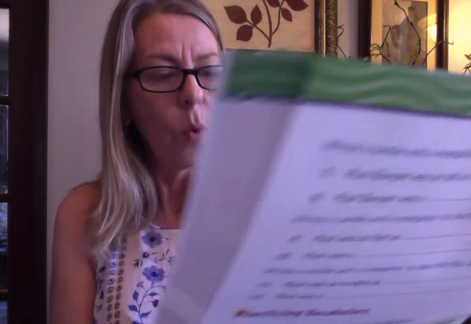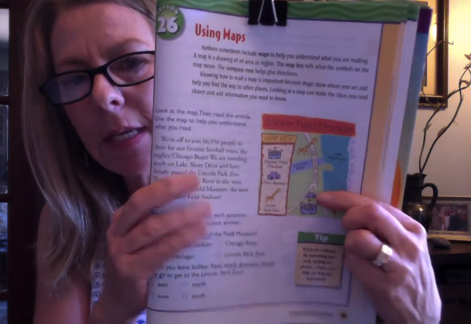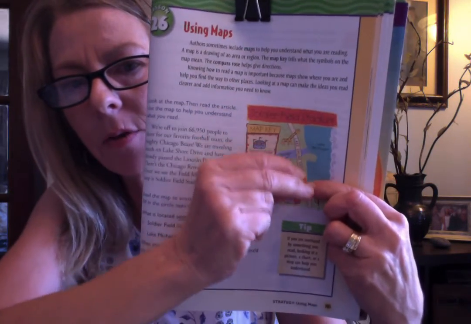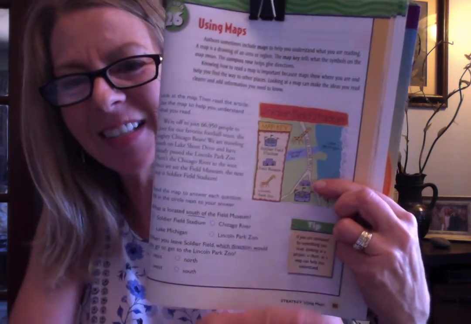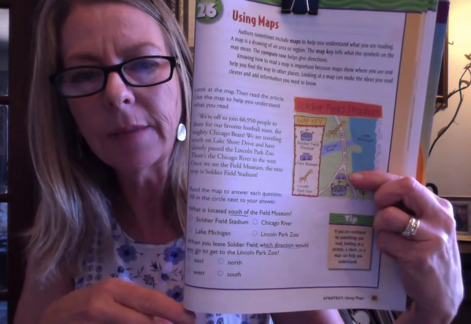Okay, so let's look at how the author words our questions, and let's be really careful, okay? So it says, what is located south of Field Museum? So that means what's to the south of Field Museum? So here's Field Museum. If you head south, what is it? It's the stadium, right? So you would fill in Soldier Field Stadium.